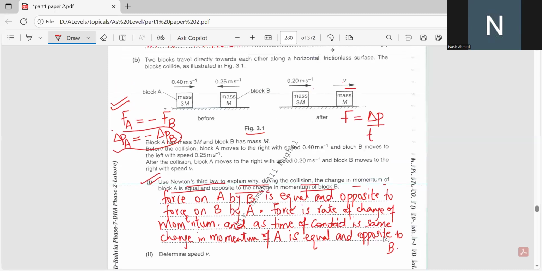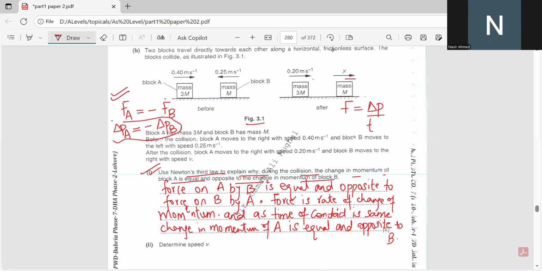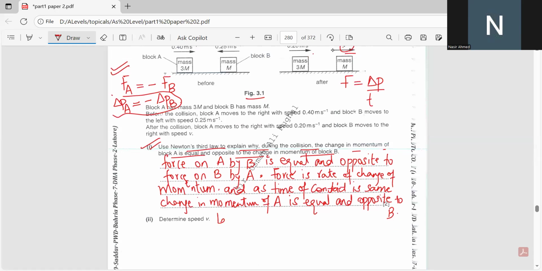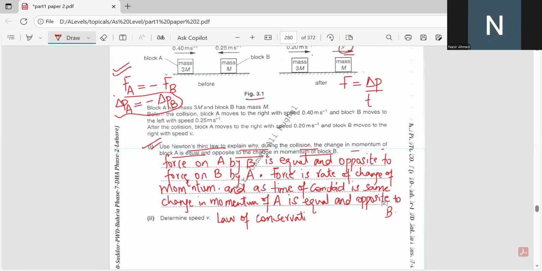Next question, it says determine speed V. So we need to find the velocity of block B after collision. So what will we do?